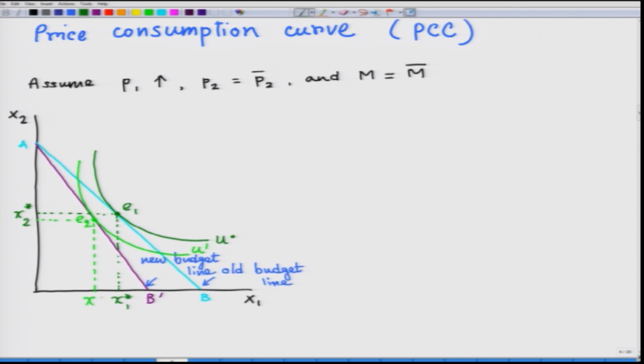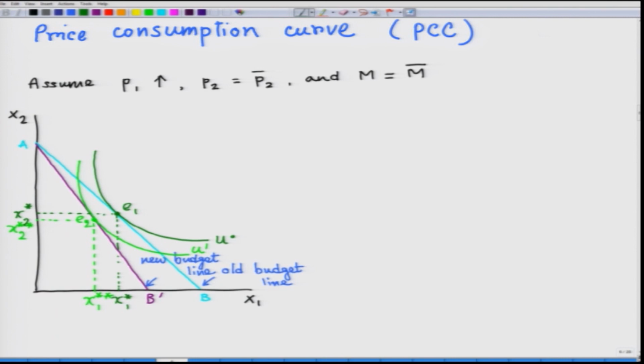The new levels of commodity consumption are x1 double star and x2 double star.